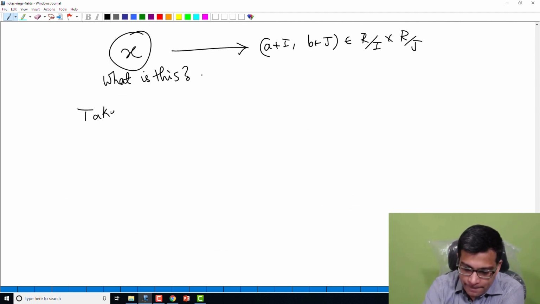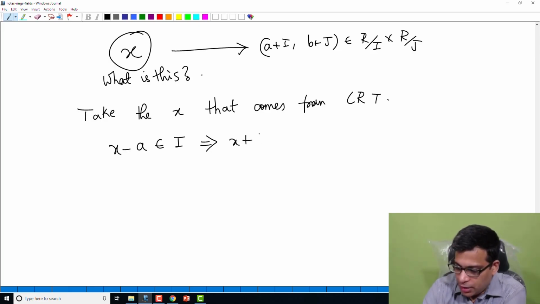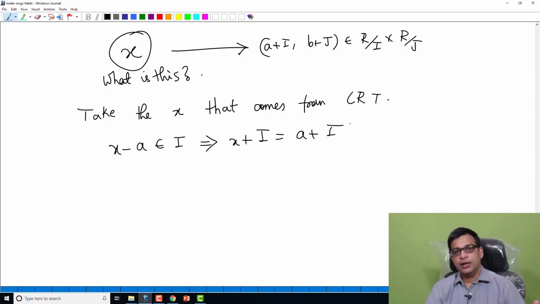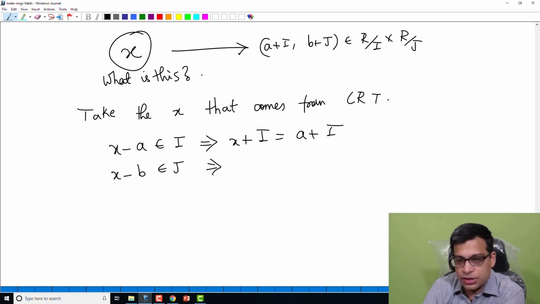Take the X that comes from the Chinese remainder theorem. Now, what is the property of that X? X minus A is in I. But if X minus A is in I, I claim that X plus I is equal to A plus I. If X minus A is in I, in the quotient ring R mod I, X and A are basically the same element. The residue of X is the same as the residue of A. Similarly, X minus B is in J by the Chinese remainder theorem.